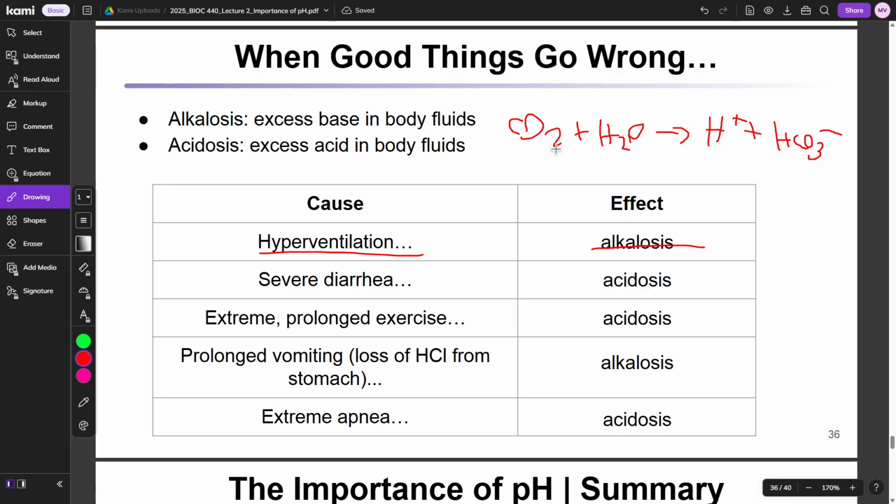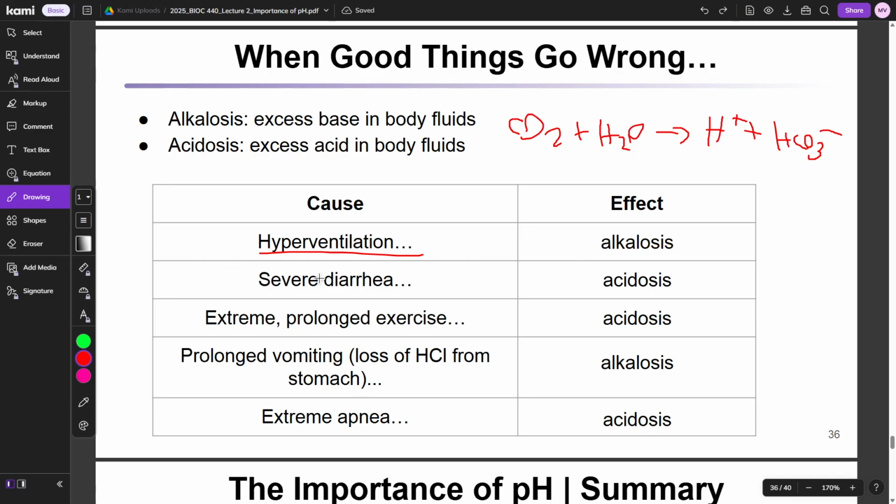Okay. Anybody else got an idea? Okay, so you're saying you breathe out a lot of CO2, so this goes down, and this shifts this way, and you drop the H plus concentration, which means less H plus, more basic, alkalosis. That makes sense?